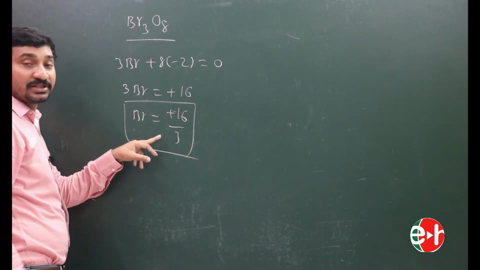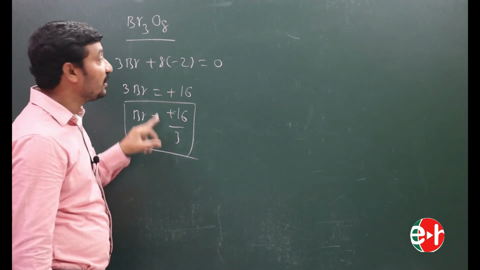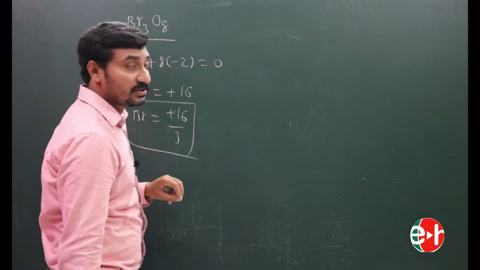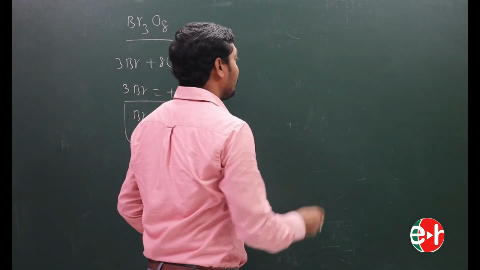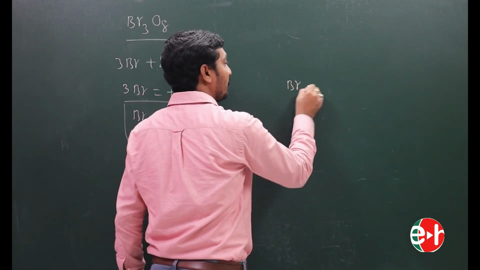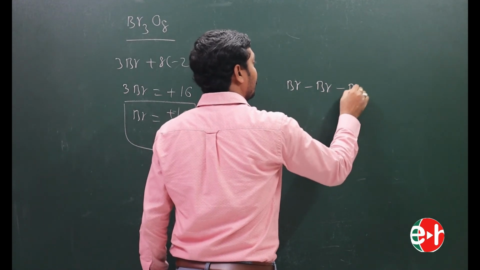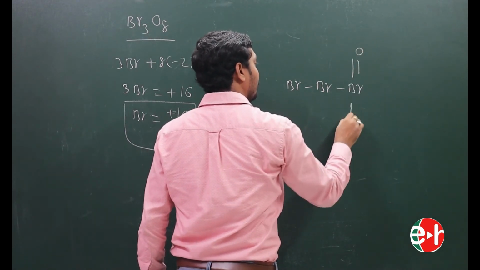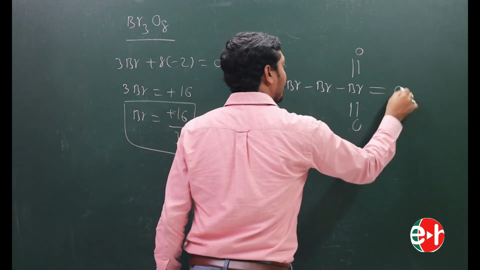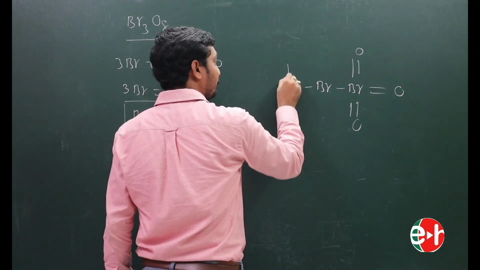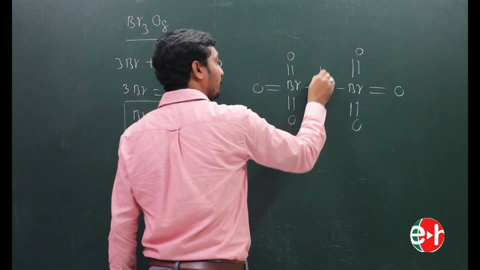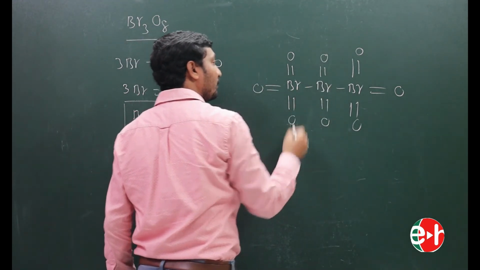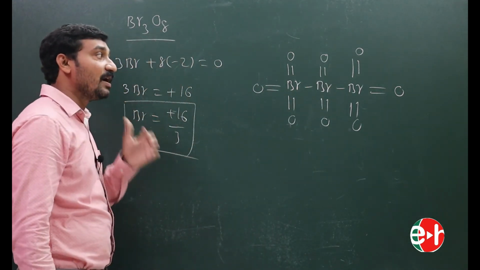Average oxidation state +16/3. Average. Now we have to discuss the structure of Br3O8. This is the structure of Br3O8.